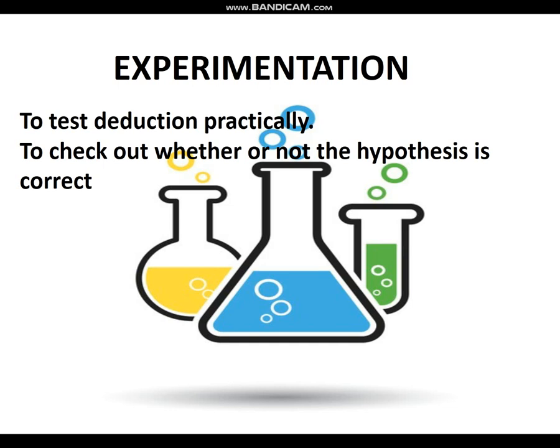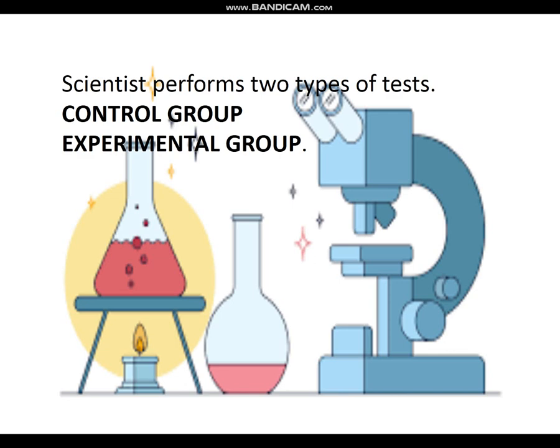Experimentation means to test the deductions practically in the laboratory, to check whether the hypothesis is correct or not. Experimentation means using tools and techniques to check our observation, our hypothesis, and our deduction. In the case of malaria, scientists performed two types of tests.